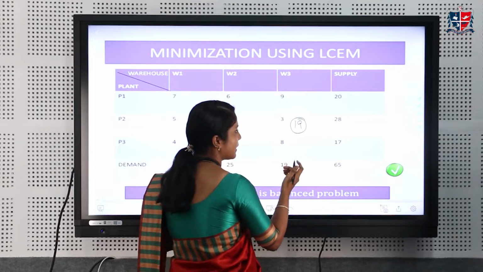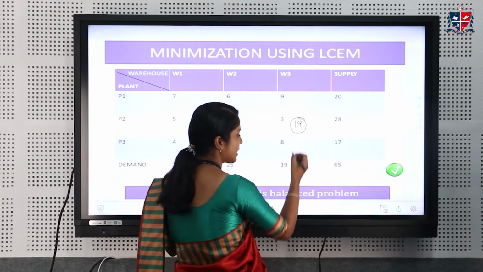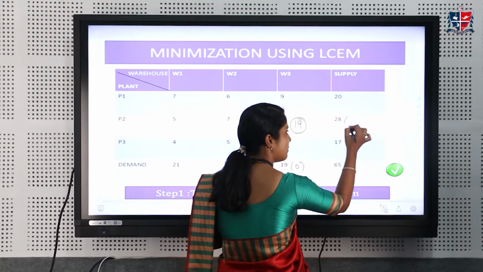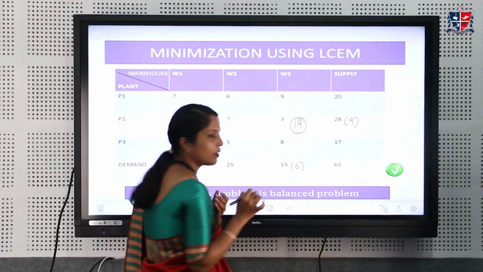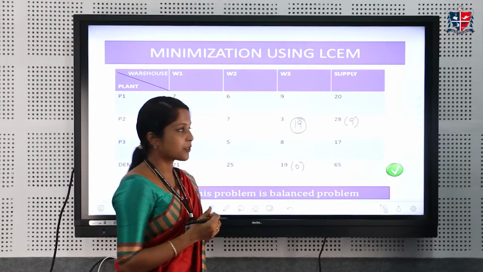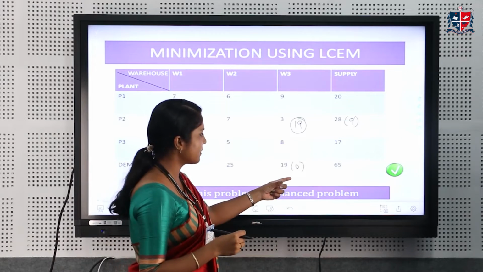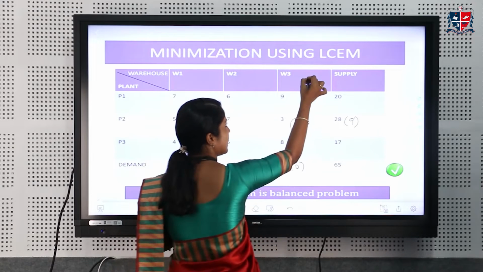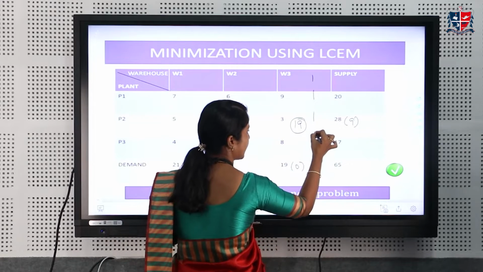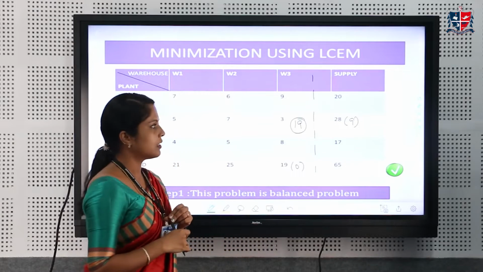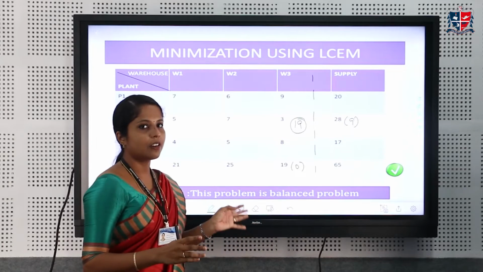Since 19 is allocated here, the demand becomes 0 and 28 becomes 9. Then the next step is to eliminate the row or column having 0, so we eliminate the entire column having 0.